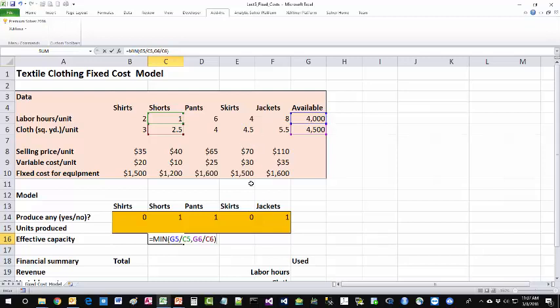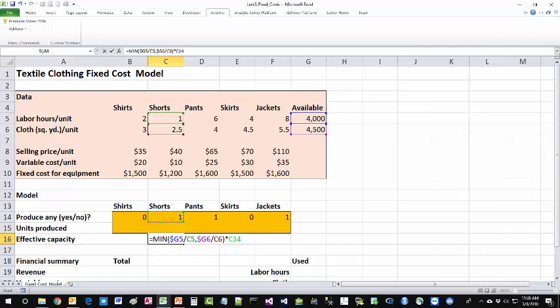And then we have to fix the G5 and G6. And then that, which is 1,800 as we know, needs to be multiplied by the decision whether to actually produce in this particular line of clothing or not.